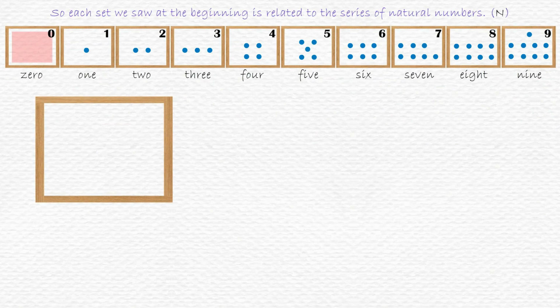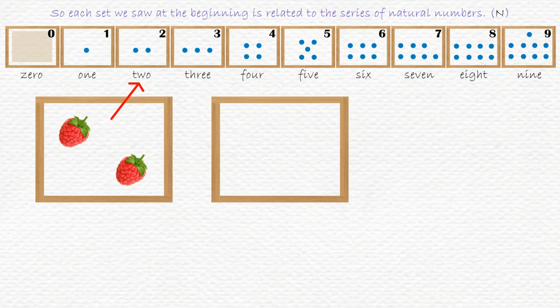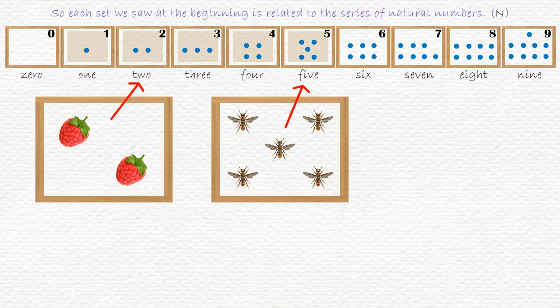So each set we saw at the beginning is related to the series of natural numbers. There are 2 elements in this set. In this other set there are 5 elements.